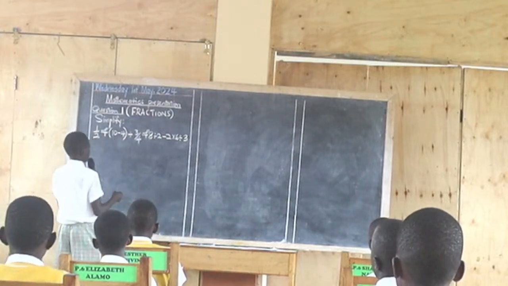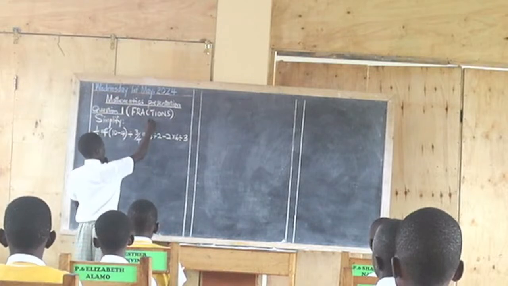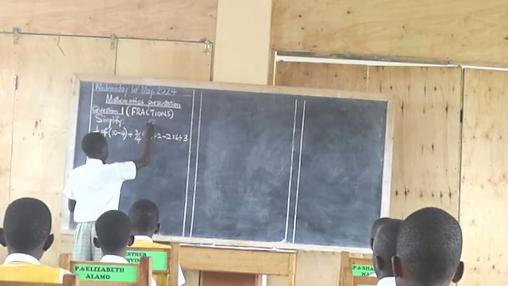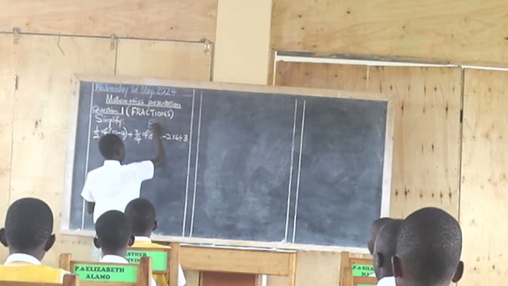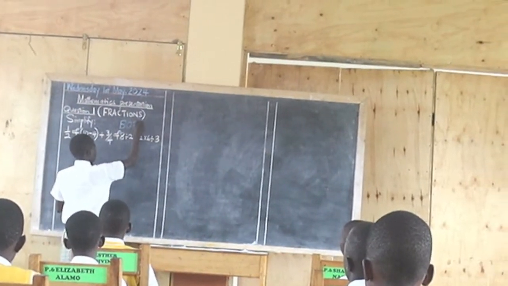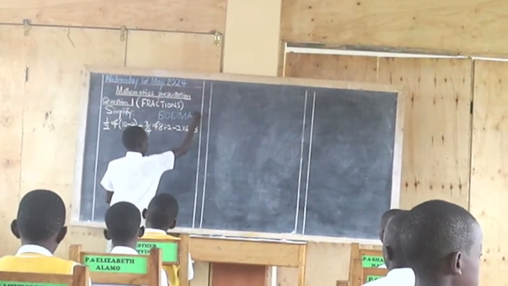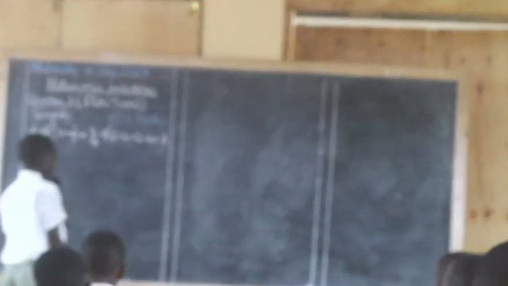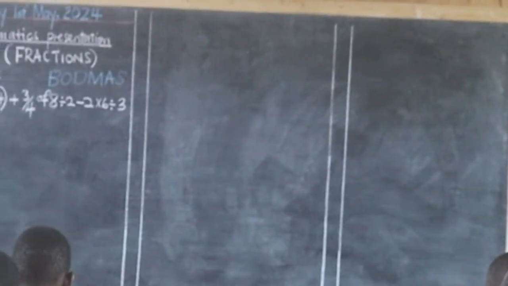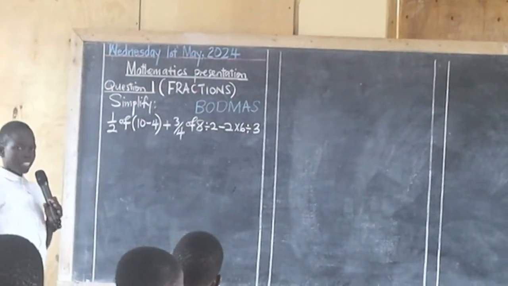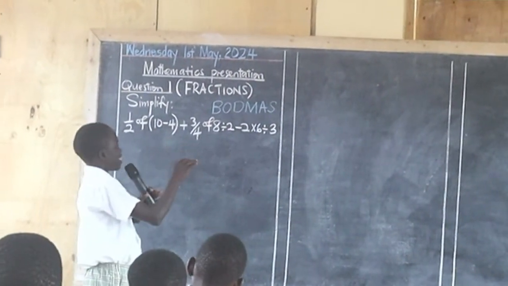So now, I'd first write here BODMAS. The BODMAS will help me to simplify all these. You may see the operations are many, but with the help of BODMAS, they're going to become easy.